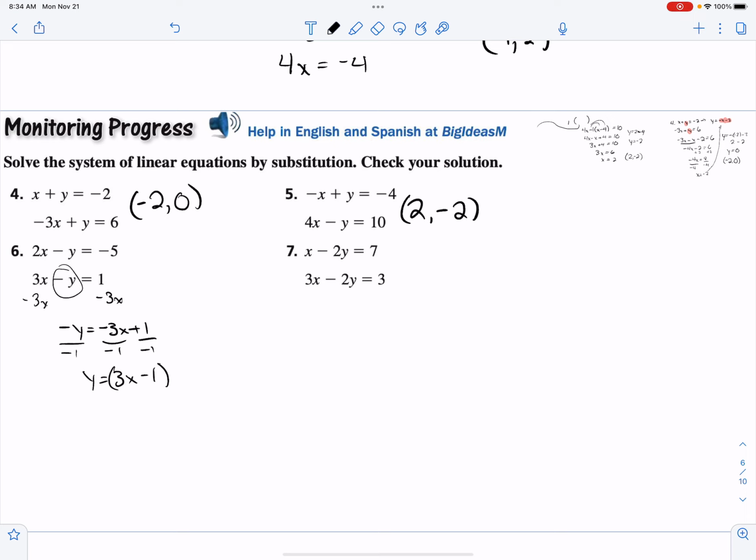So now I'm going to take this stuff and I'm going to plug it in for that y. Again, watch your negative sign. So we are going to put everything in parentheses. We're going to distribute the negative. We're going to combine like terms.